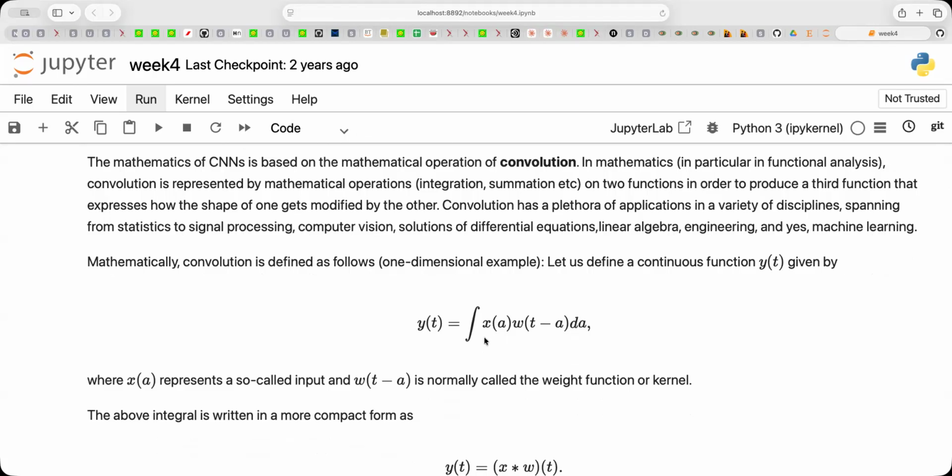Suppose this X here is you observing the position of an object as a function of time. In the beginning, the positions may not be properly measured. Then when you multiply with this W, you're filtering out some values which you don't want to have. This is one way of reading this expression, but this is essentially what you do with the mathematics of convolution.